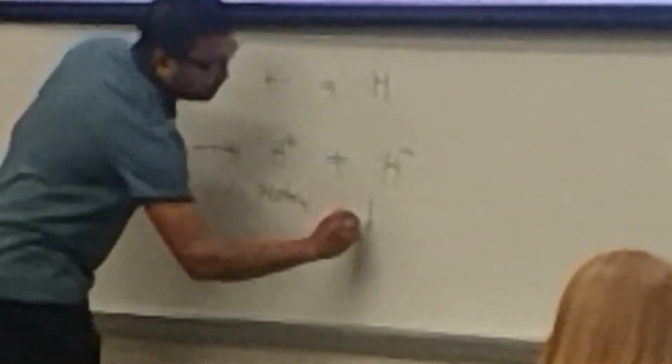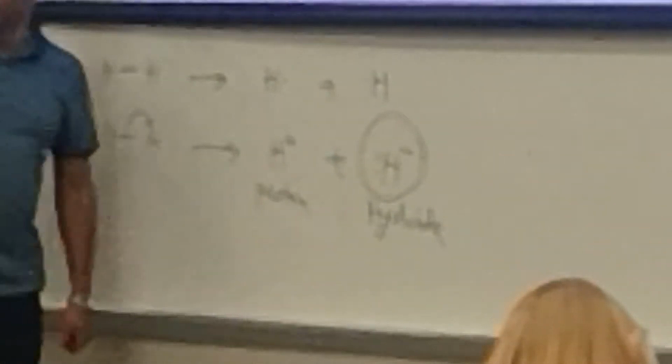And we learned before, this one is the proton and this one is the hydride anion. So in the reduction, this hydride ion is the important part because it is carrying an extra electron.